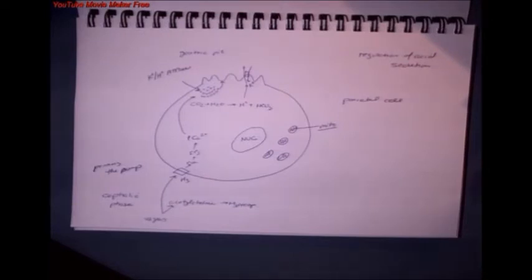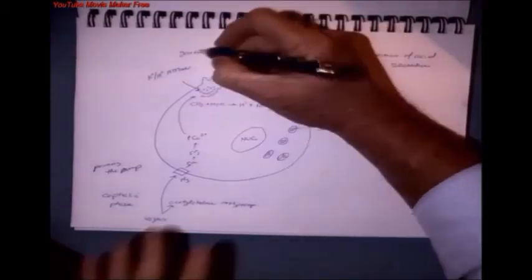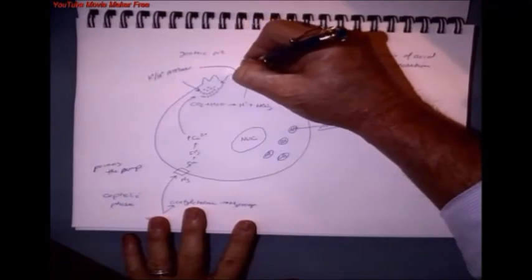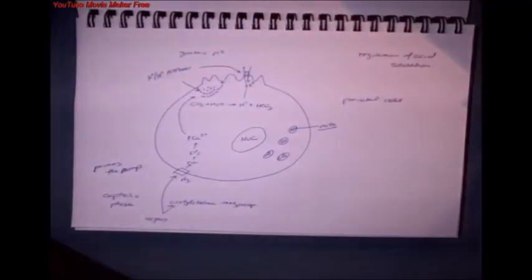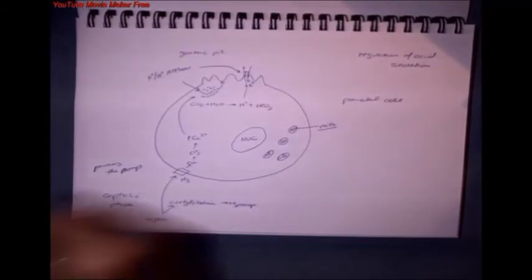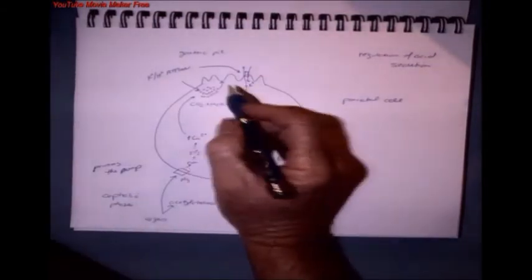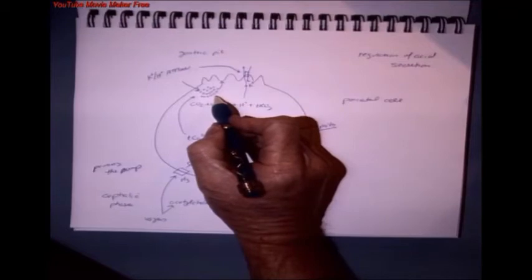Yes? Sorry, when you say proteins, what are you referring to? So the transporter itself, this particular antiporter, which is the potassium proton ATPase, is the transmembrane antiporter. And this, under resting conditions, is located in these vesicle membranes.